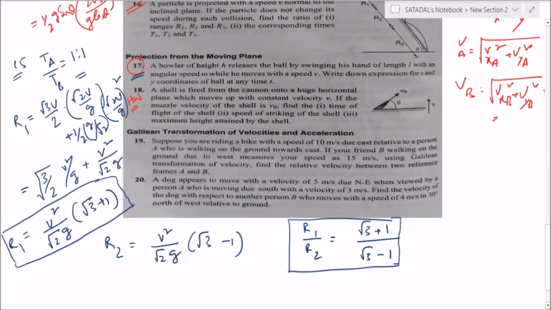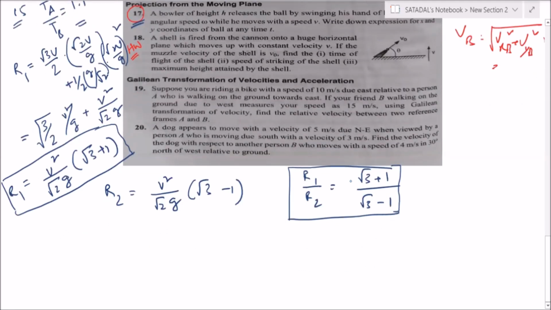Hurry. All of you give your best for question number 17.